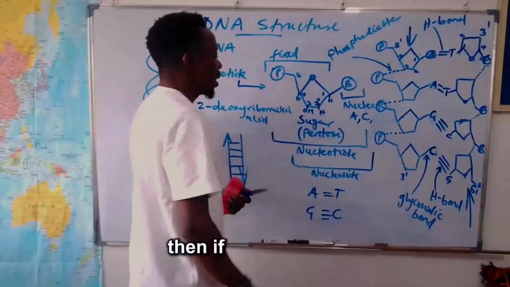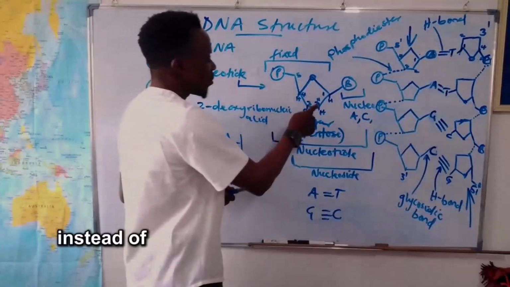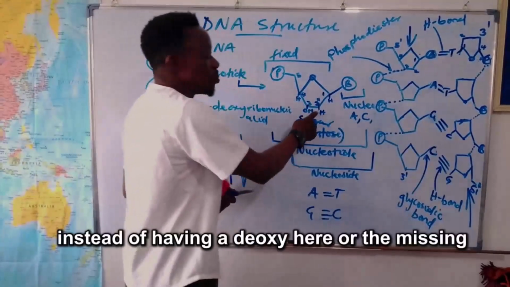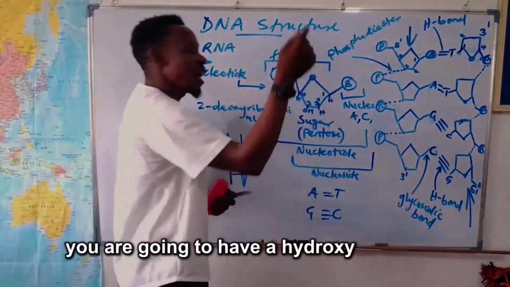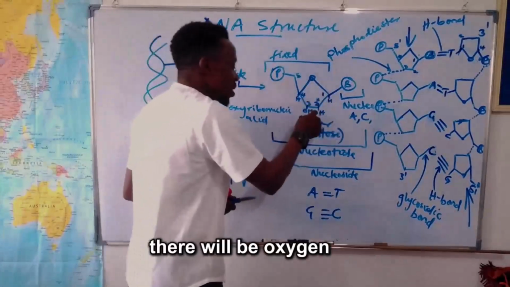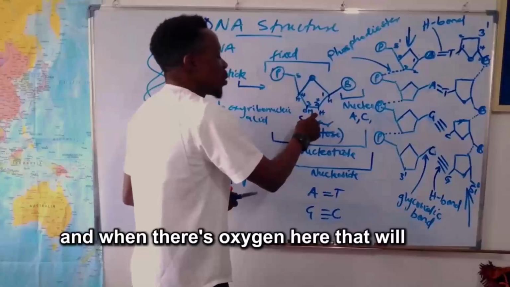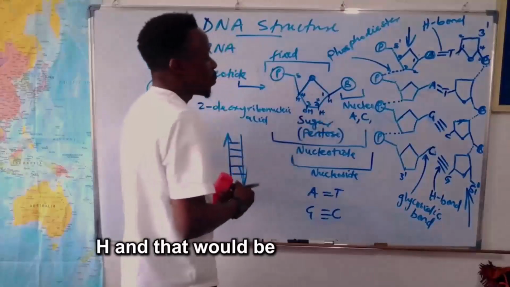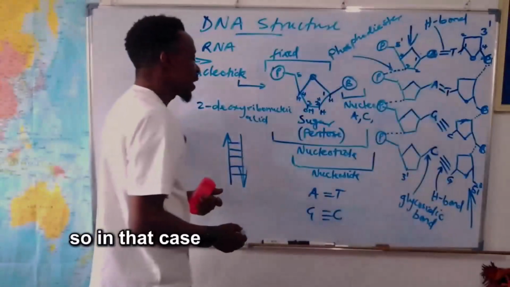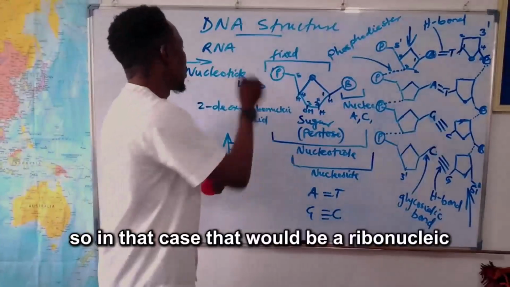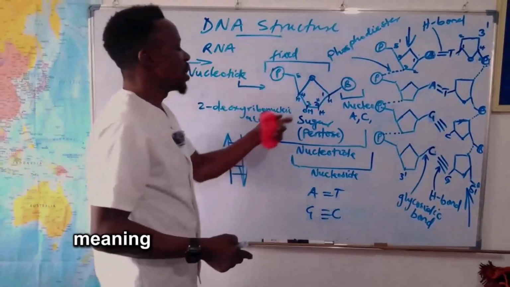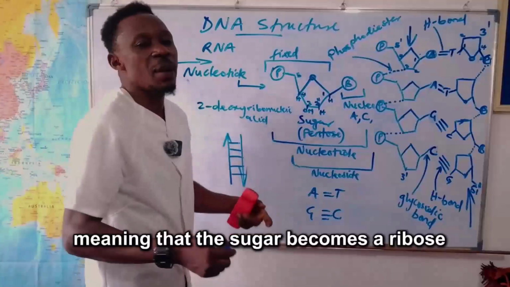All right. Then if it's an RNA, instead of having a deoxy here or the missing oxygen here, you are going to have a hydroxyl group here. There will be oxygen here. And when there's oxygen here, that will make OH, and that will be a hydroxyl group. So in that case, that will be ribonucleic acid, meaning that the sugar becomes a ribose sugar.